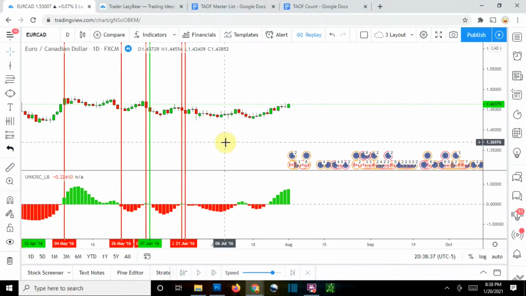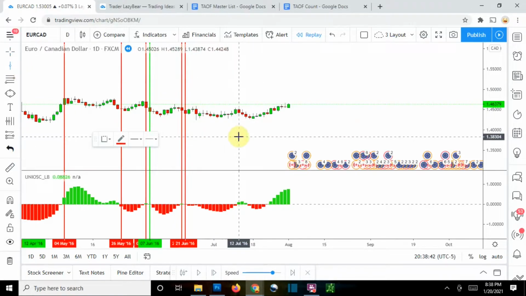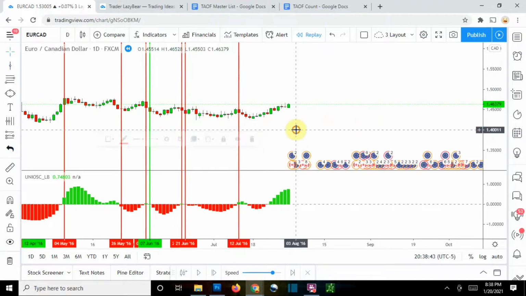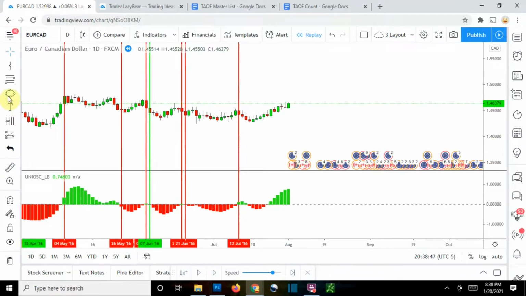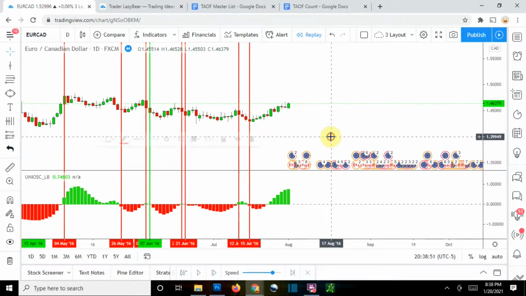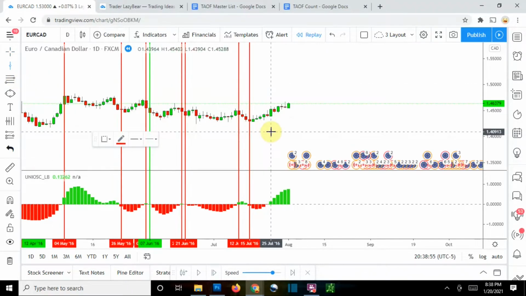Yep, unfortunately would have stopped us out there. Pick up a short, or actually a long. Wow, that's unfortunate. Pick up a long pretty much right at the top, the peak of the reversal right there, and then the short right at the peak of the reversal to the upside.